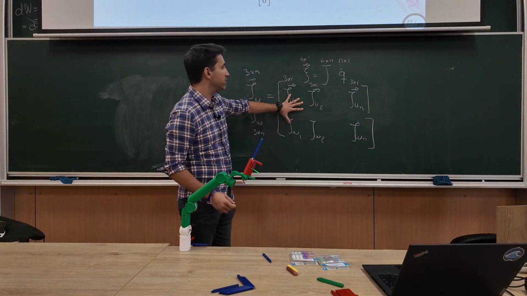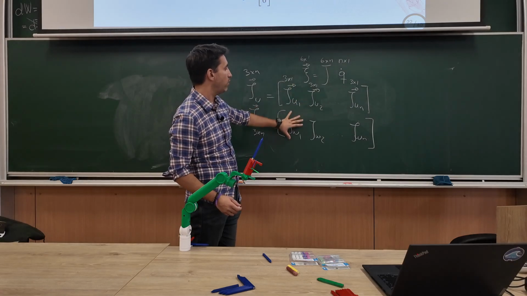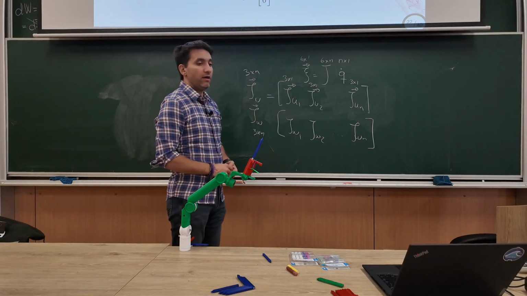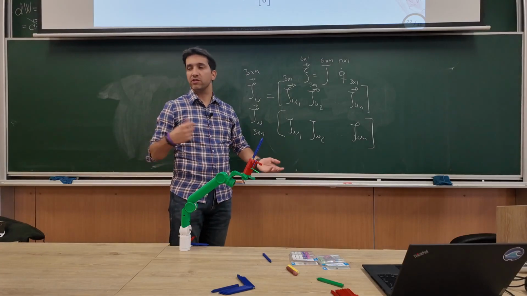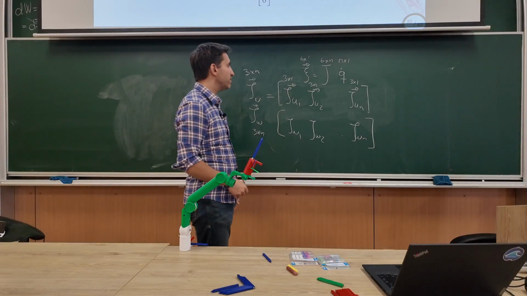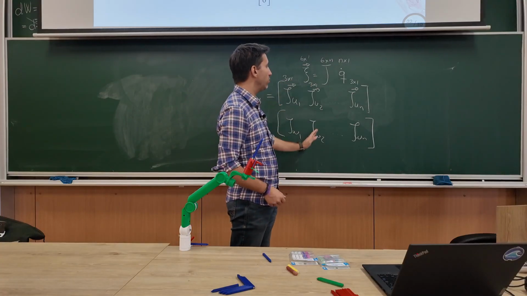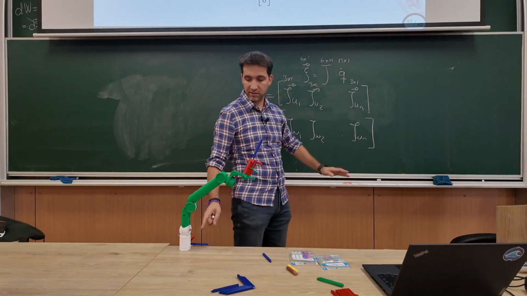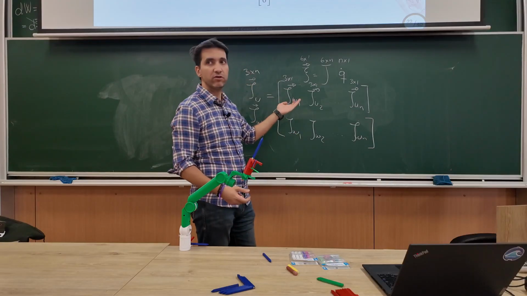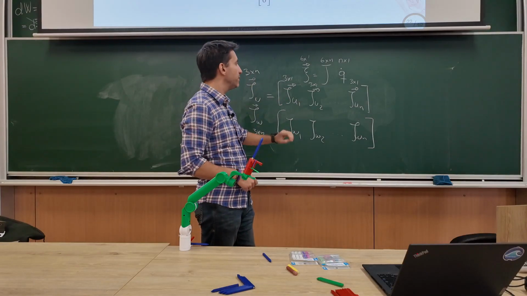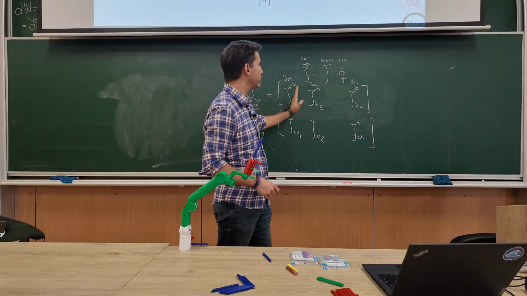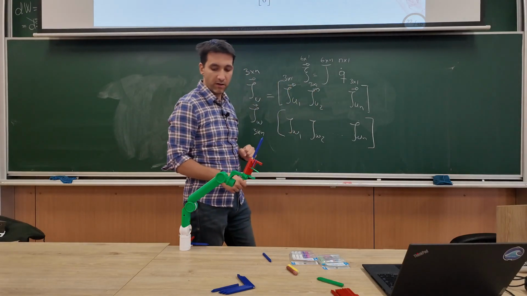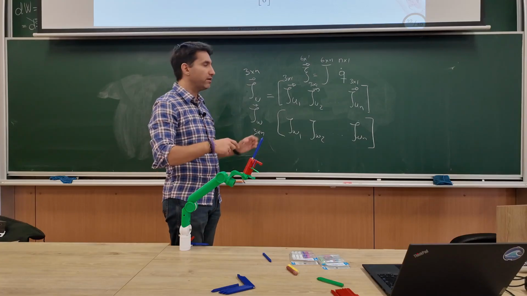I could calculate these two as one 6 by 1 vector. And we saw that we have slightly different formulations for revolute and prismatic joints. So basically I have to go to each column and calculate for each joint the direction vectors. And these direction vectors are different if it's a revolute or a prismatic joint. So I start from joint 1, 2, 3, n.